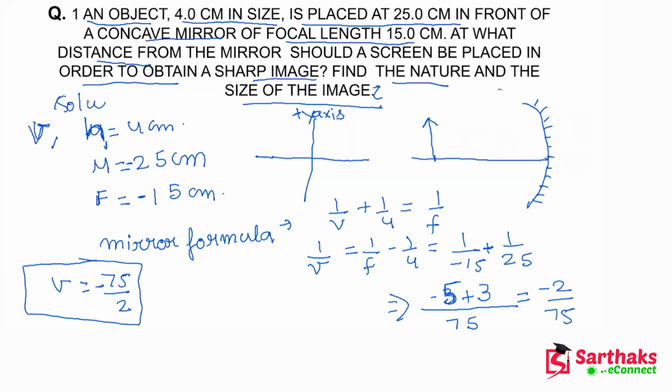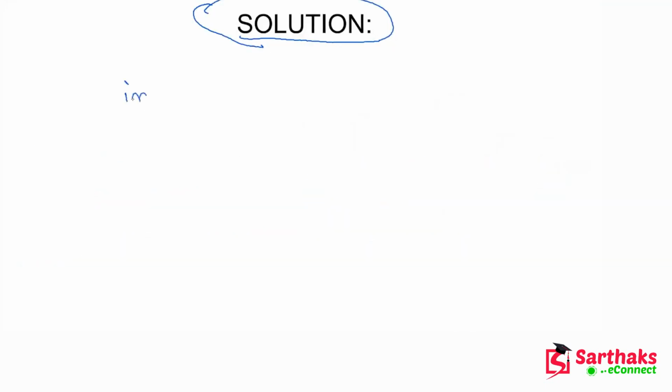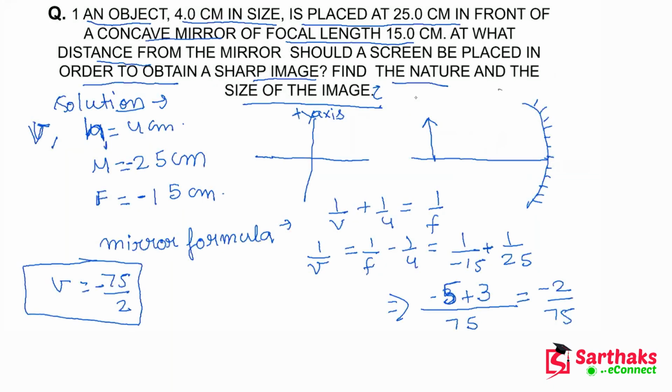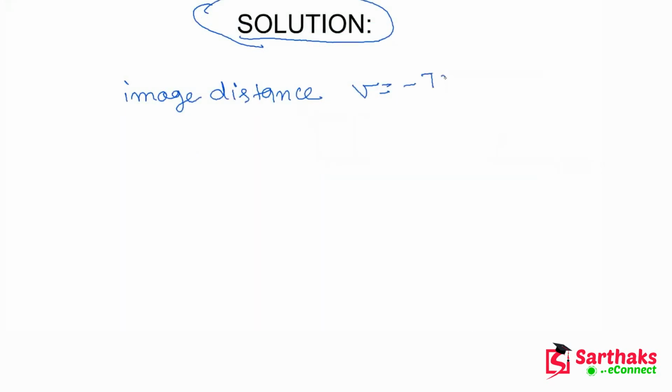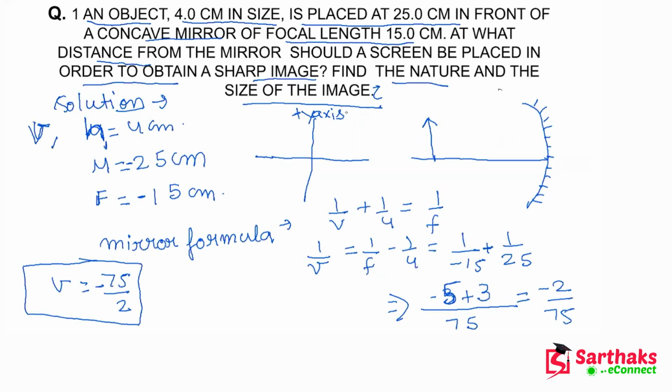This is the solution of this question. Here also, let's see the solution. So the image distance v is equal to minus 75 upon 2.